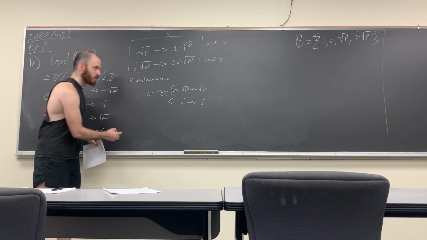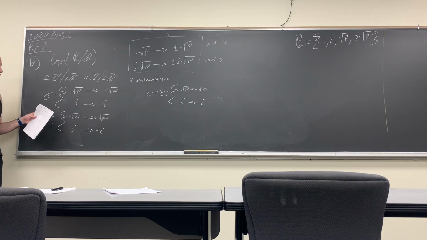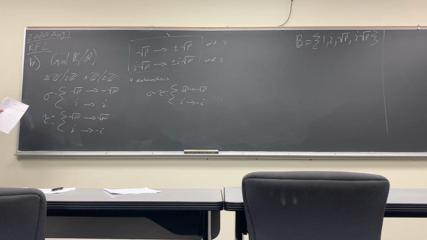And then on this part, explicitly, why can't root p, for example, be sent to plus or minus i root p? How do we know it can only go to plus or minus root p? The roots are transitive for the Galois group. Why can't it go there?